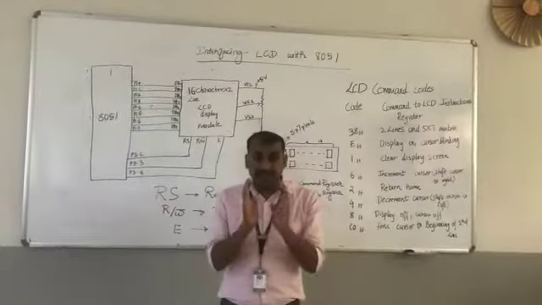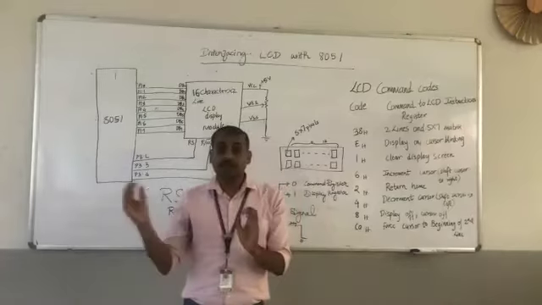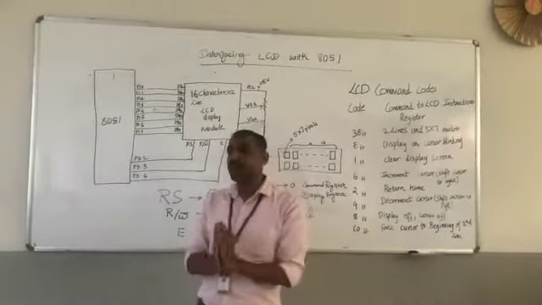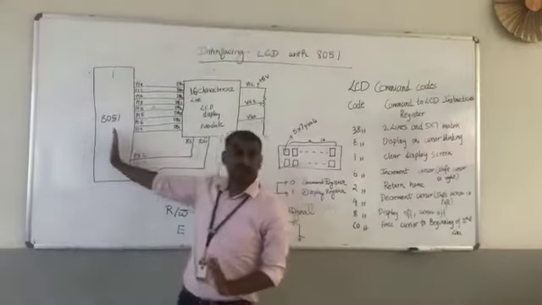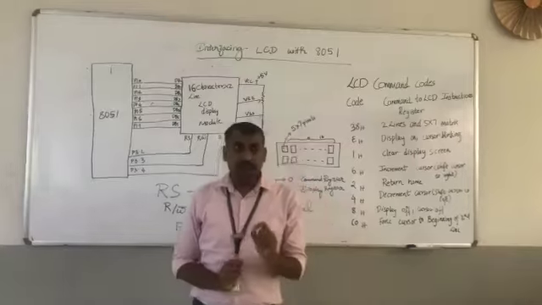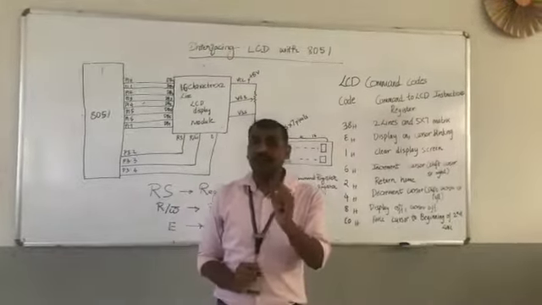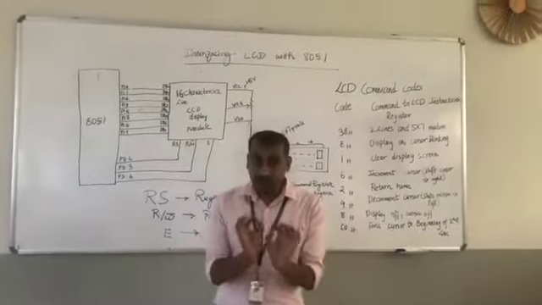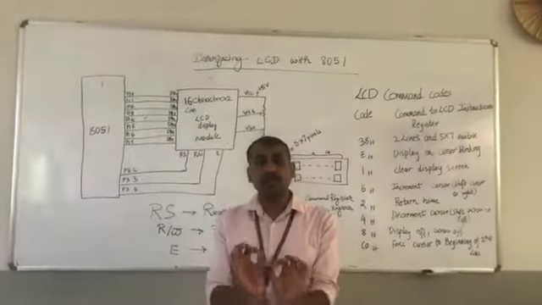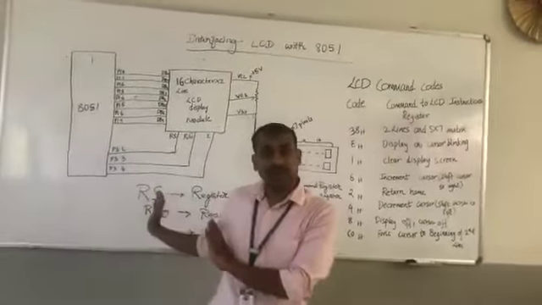So the data that needs to be displayed on LCD should be sent from one of the processors. In this particular learning, we will send the data from the 8051 microcontroller, right? Therefore, LCD cannot work on a standalone basis. It needs to be controlled only through the microcontroller in this particular case.